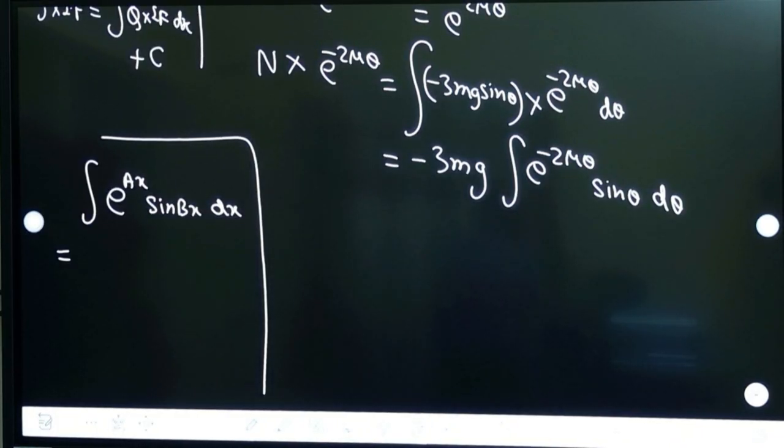I can derive it, but I don't want to waste time deriving that. It's possible to derive it.